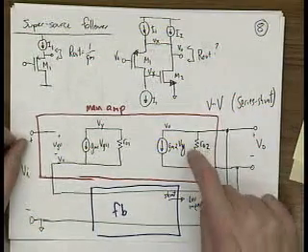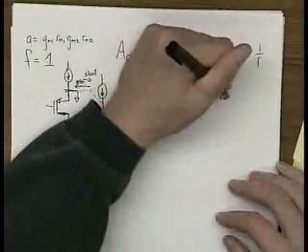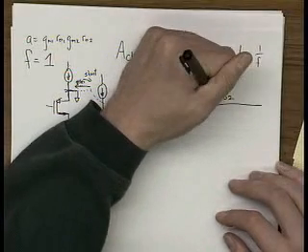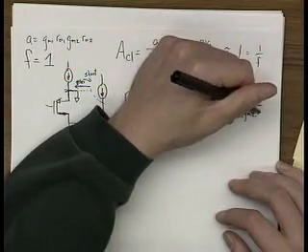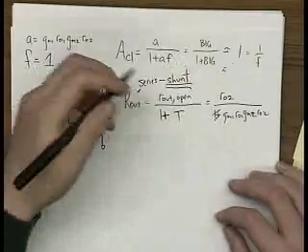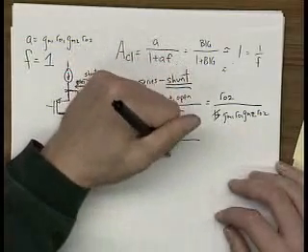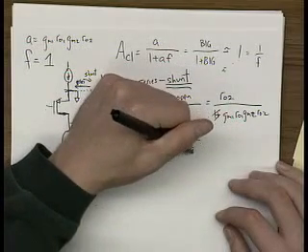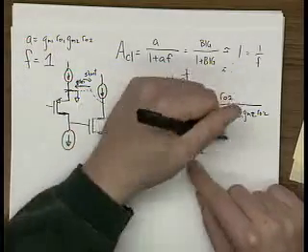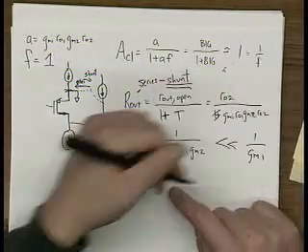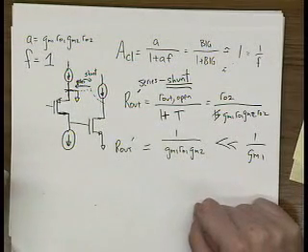It's just RO2. So it equals RO2 over 1 plus GM1 RO1 GM2 RO2. Let's ignore the 1. So R out prime is equal to 1 over GM1 RO1 GM2. Look at that, this is a lower impedance. This is much, much less than 1 over GM1, which is what you get for the standard source follower, hence its name.